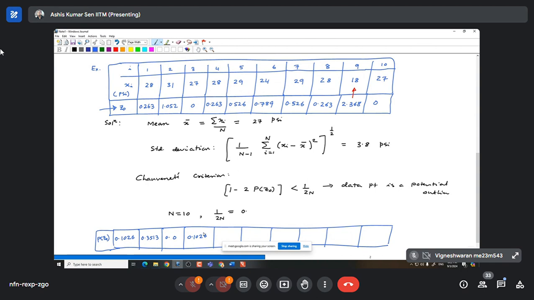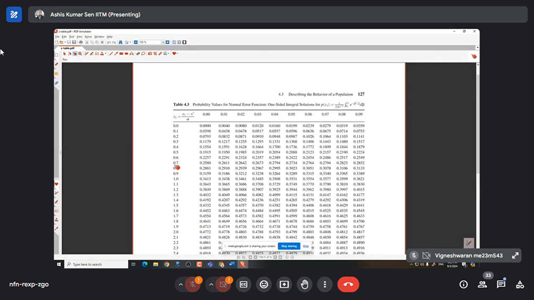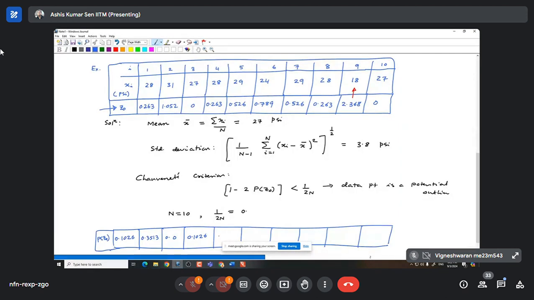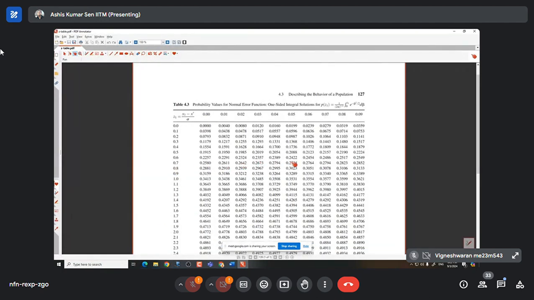Then 0.526, right? 0.52, I approximate as 0.1985. Then 0.789, approximate as 0.78, 0.79. So it is 0.2852.